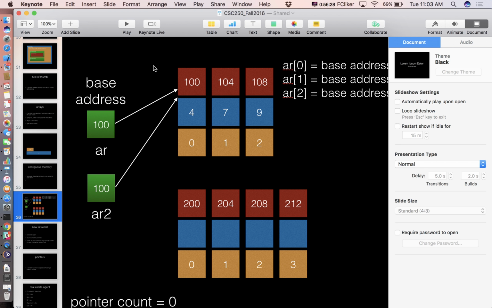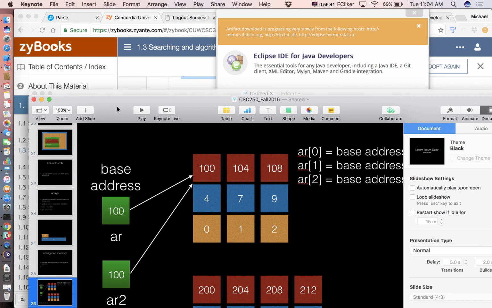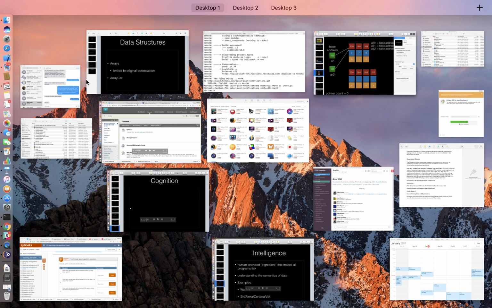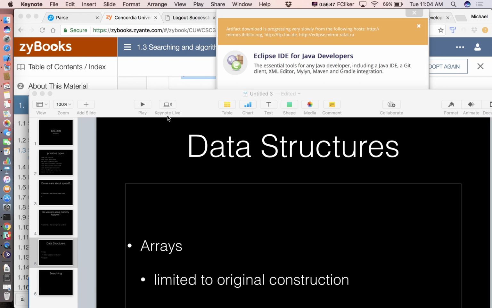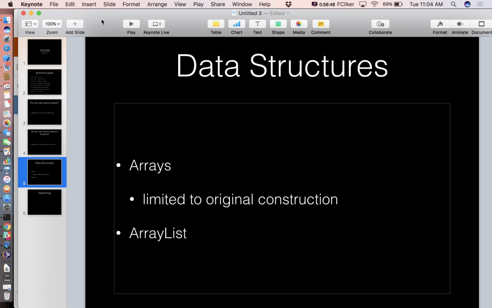It's the exact size for what you required. Any more stuff, you got to build a brand new house. So arrays have that limitation to their original construction. You're stuck with that size.